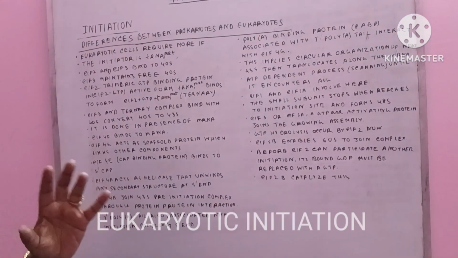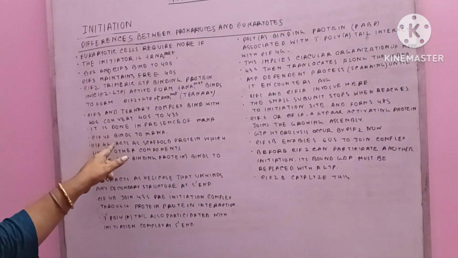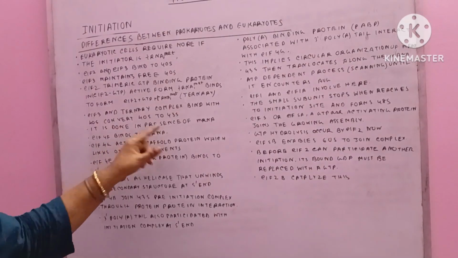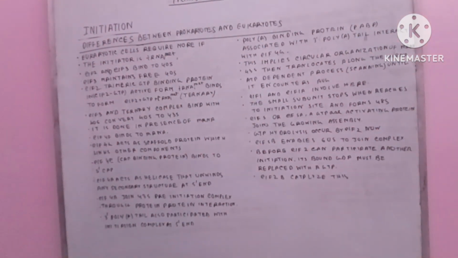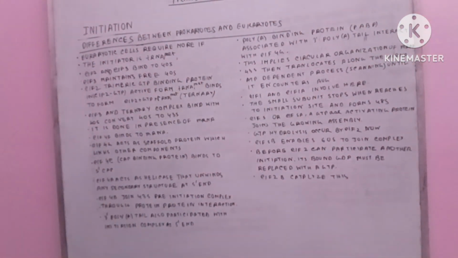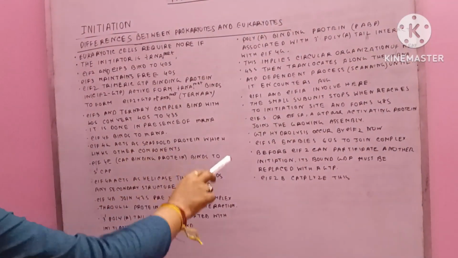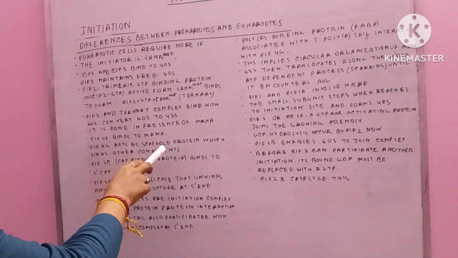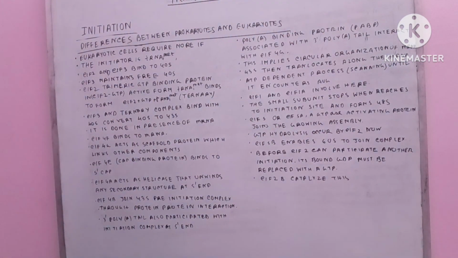EIF4F binds to the mRNA, and EIF4G acts as the scaffold protein which links other components, that means other components are also added to make the complex.